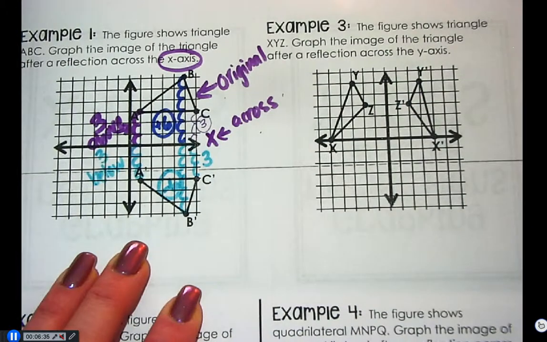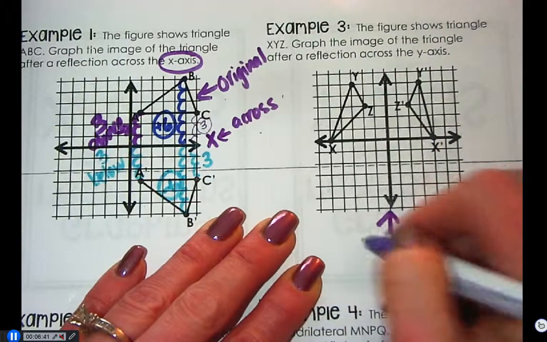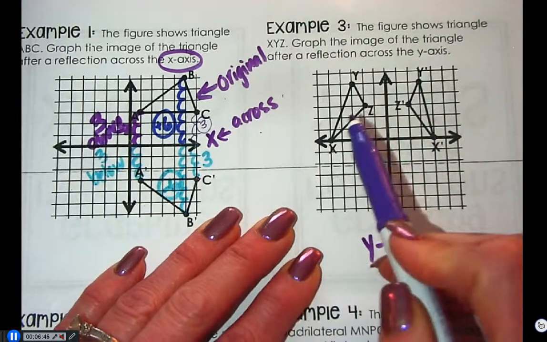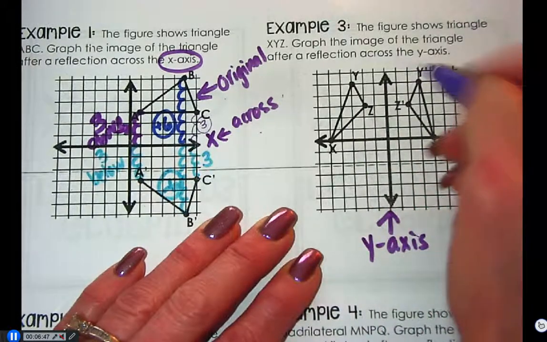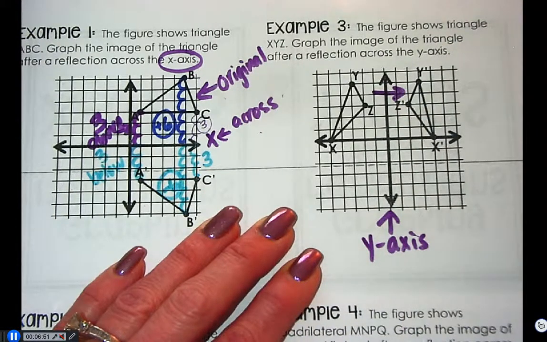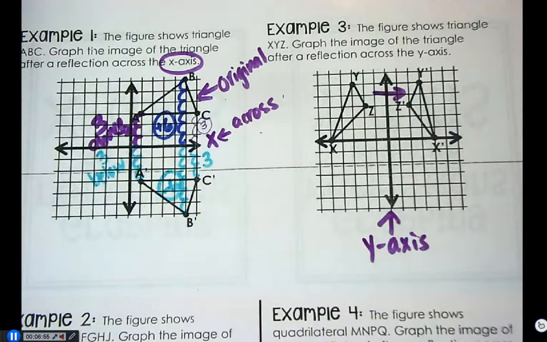So this is a reflection over the y. So this is the y-axis, and the shape is actually reflecting across it. It's going this direction across the y-axis. What's often helpful with this is to take a highlighter, and you can highlight your axis to make sure that you're crossing the shape over the correct axis.